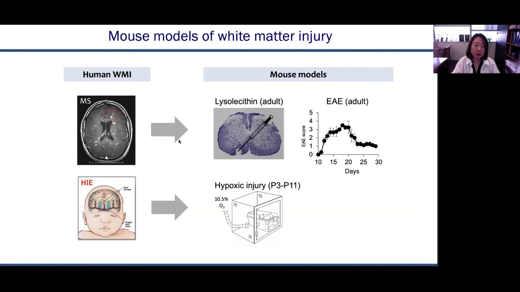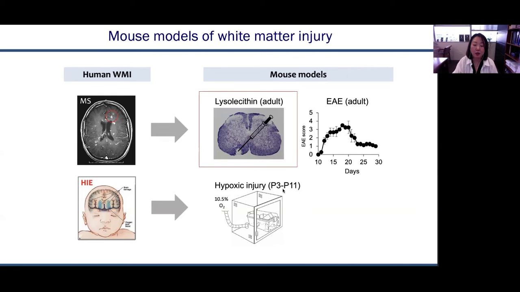For a specific disease, we use a specific mouse model. For MS, we use 3 different mouse models: lysolecithin, EAE, or cuprizone. Today I'm going to share with you some of the data from lysolecithin. And for HIE, we use hypoxic injury chambers.